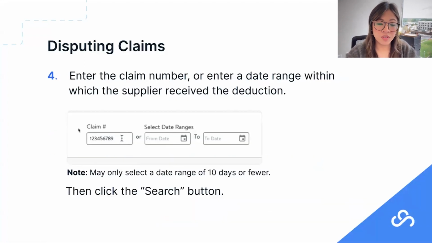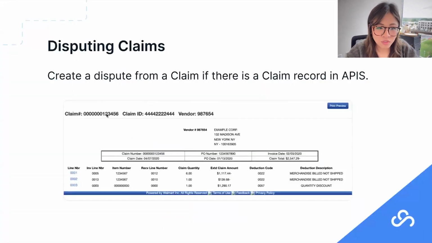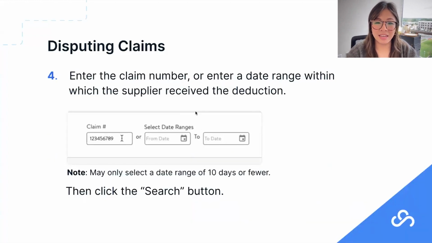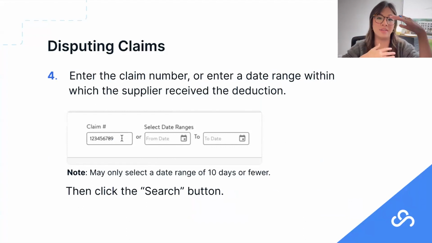Then you can fill in the claim number itself if you have that available, so you can pull it straight from here, or you can select a date range. Some folks, rather than go claim by claim by claim, like to work a date range of claims and create disputes directly out of APDP. You can do that too.